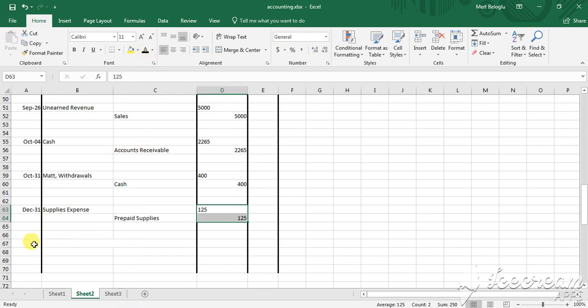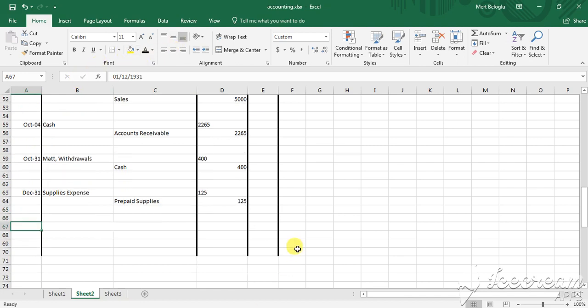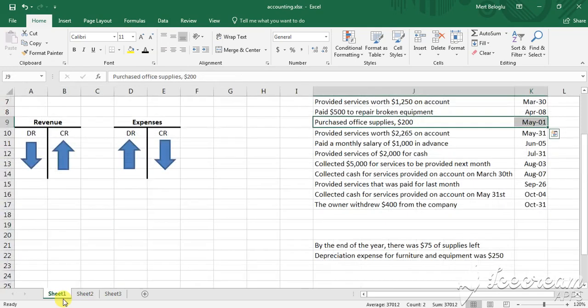And our second adjusting entry that we have to do on December 31st is depreciation expense for furniture and equipment was $250. Depreciation is a contra account against capital assets.